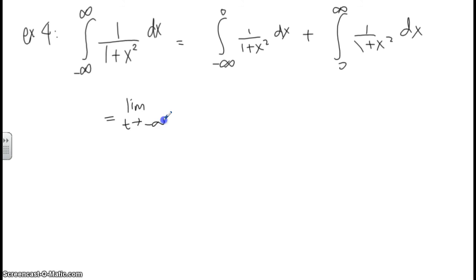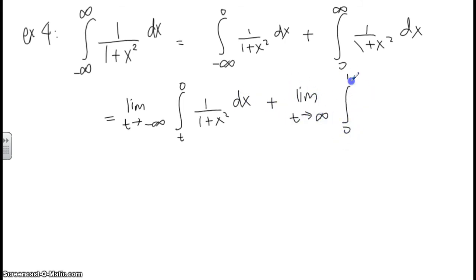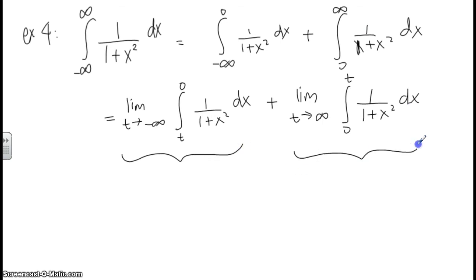So the limit as t approaches negative infinity of the integral from t to 0 of 1 over 1 plus x squared dx, plus the limit as t approaches positive infinity of the integral from 0 to t of 1 over 1 plus x squared dx. If any one of these turns out to be infinity, then this total area is divergent.